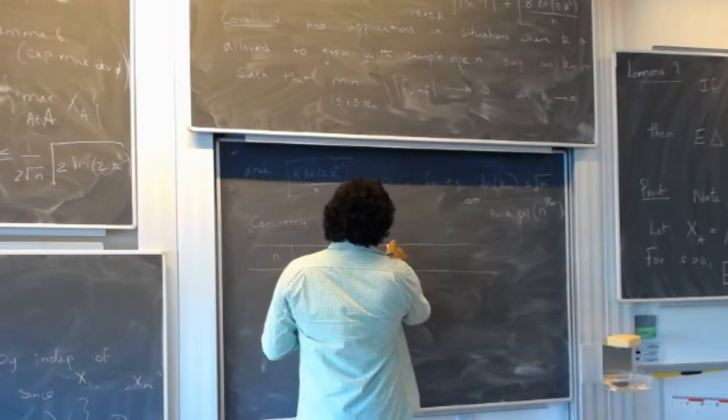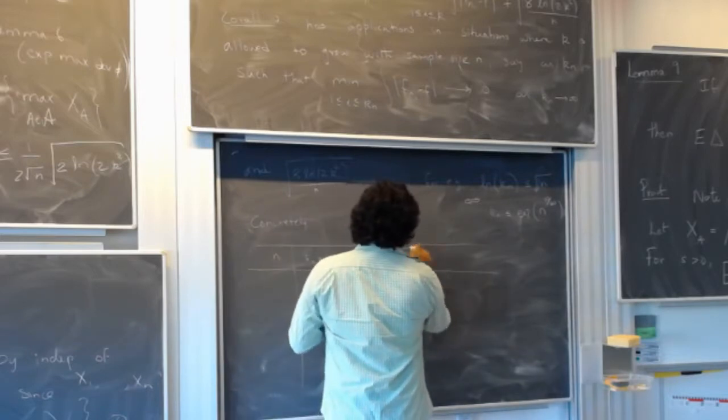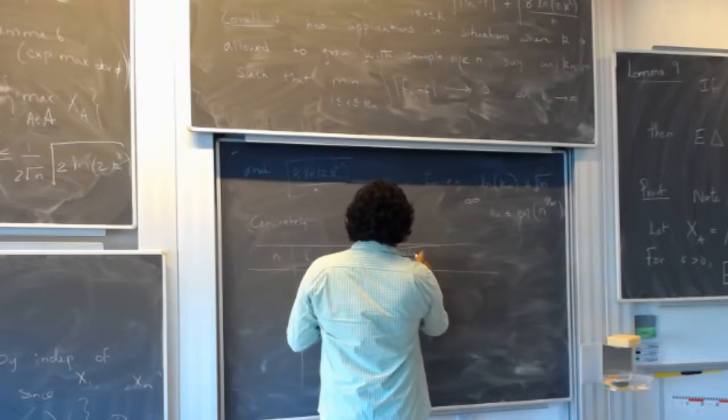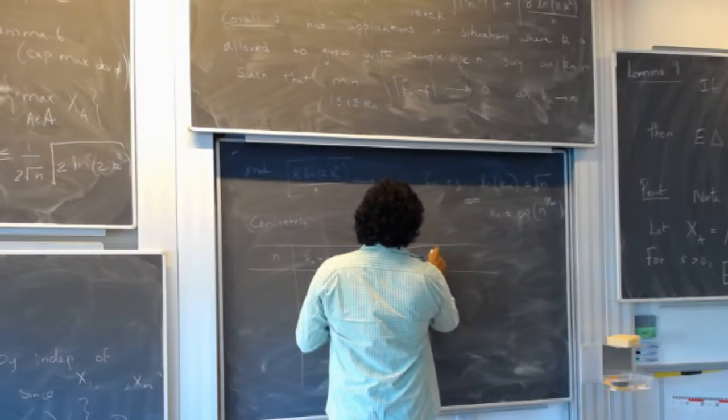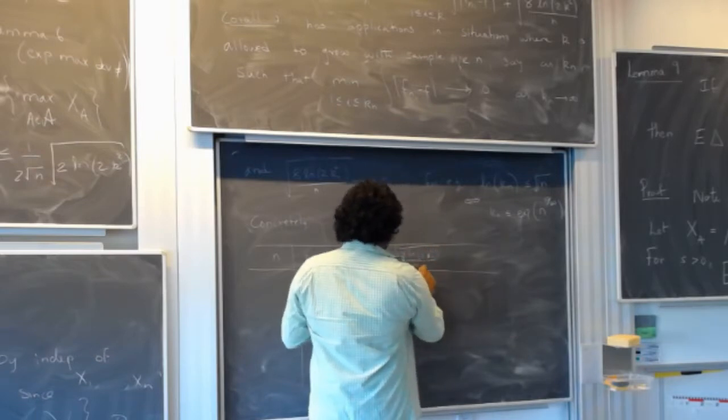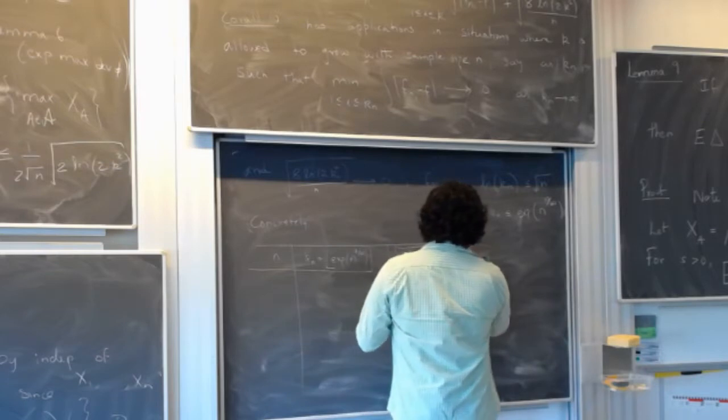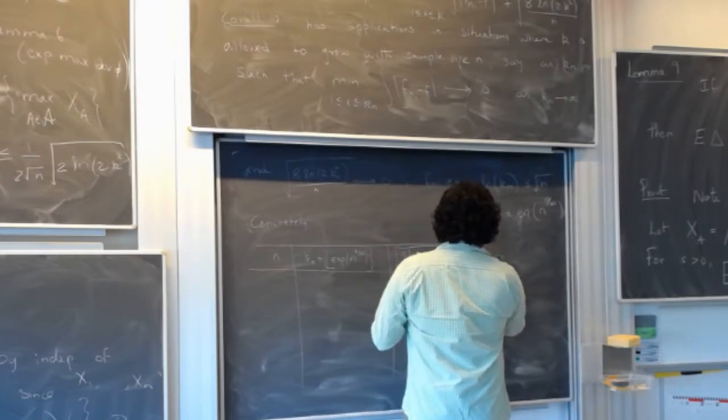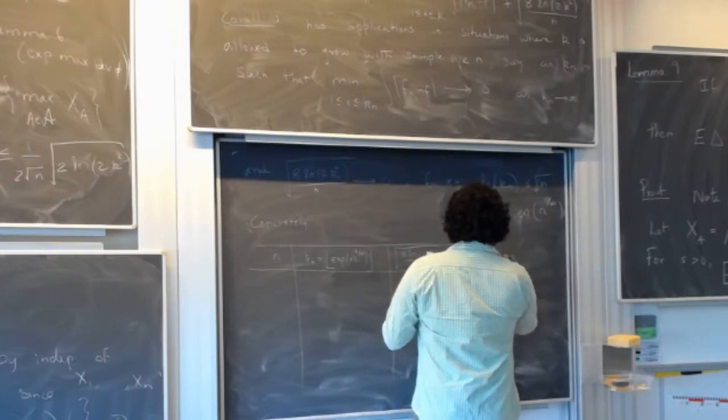Then I have the square root of 8 ln of 2 k sub n squared over n, and another k sub n, the floor of e to the n to the 5 over 20.